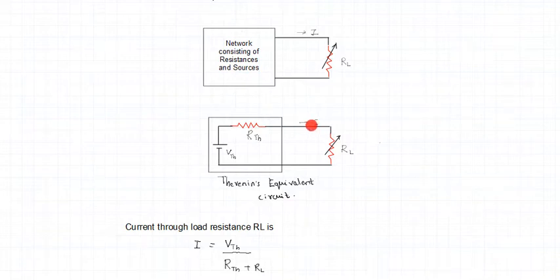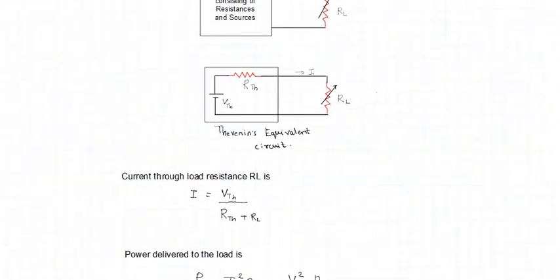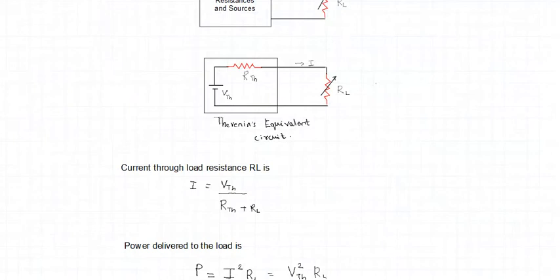So current would be, by simple Ohm's law, V divided by R. So R is the total resistance of the network, RTH plus RL. So the complete current through this network would be VTH by RTH plus RL.